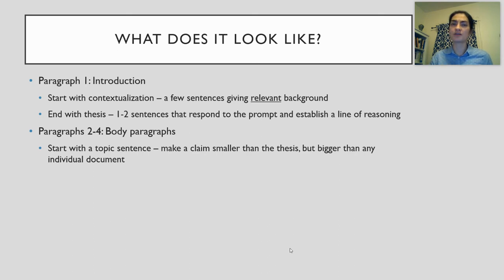It's really important that you establish a claim that's going to cover multiple documents. In that topic sentence, you want to make a claim that's smaller than the thesis, but bigger than any individual document. So you're establishing how you have decided to group your documents together with that topic sentence, and you want to make sure that it can be tied back to your thesis statement.